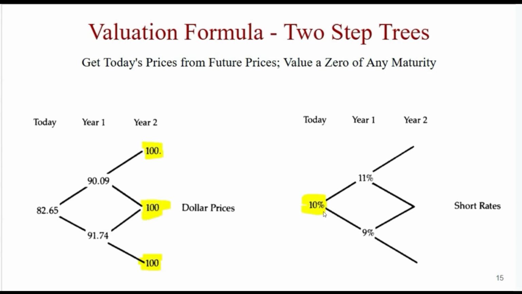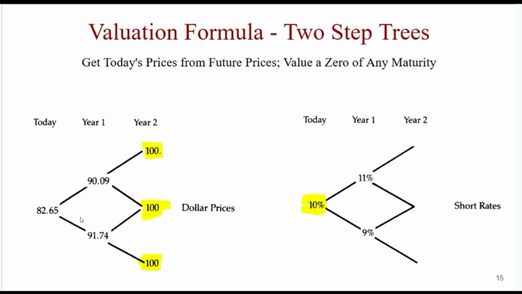Thus, we can discount 100 by 11% to get $90.09. And we can discount 100 by 9% to get $91.74.